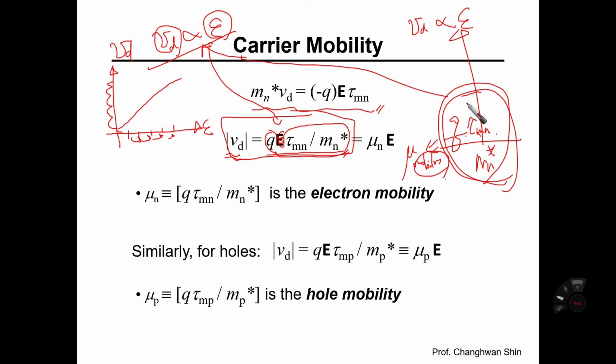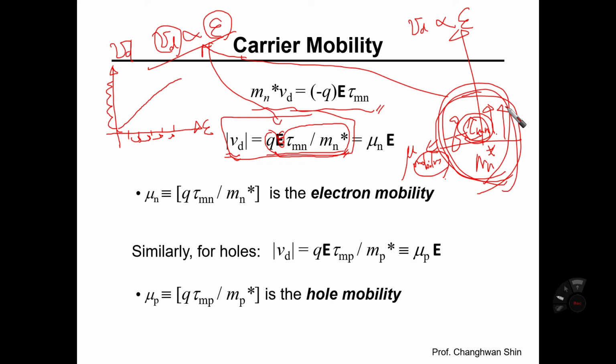Why has mobility been used to name these three terms combined together? Think about this: tau sub n, the average scattering-to-scattering time. If this time is very long, meaning that collision event number one happened, and like 1 minute later the second collision event happened, the electron is moving quite well, right?